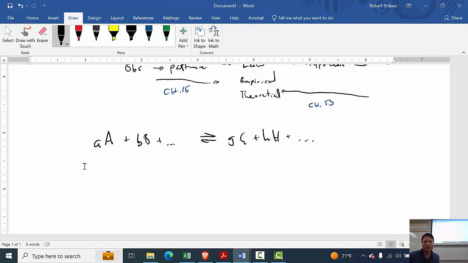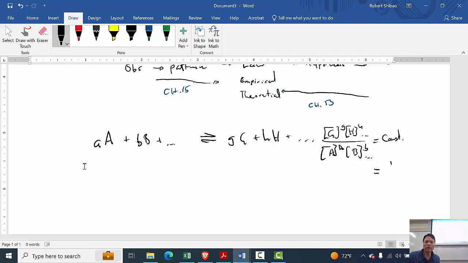But the pattern that we see is that if we take the products raised to the coefficient power, so [G]^g [H]^h divided by [A]^a [B]^b ..., this is equal to a constant. In the previous case, that was 1.48, based on our data set of 3 measurements.